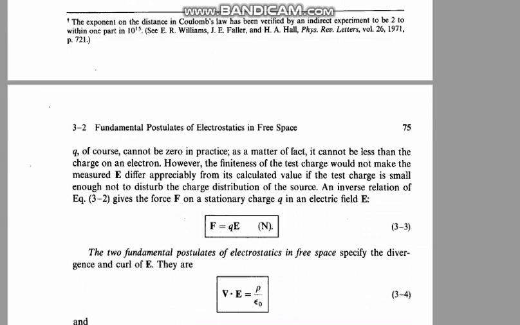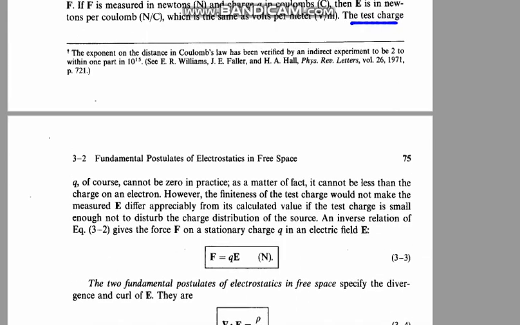Now the theory comes. The test charge Q of course cannot be zero in practice. As a matter of fact, it cannot be less than the charge on an electron.